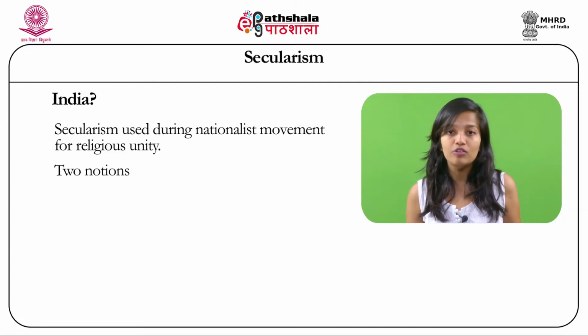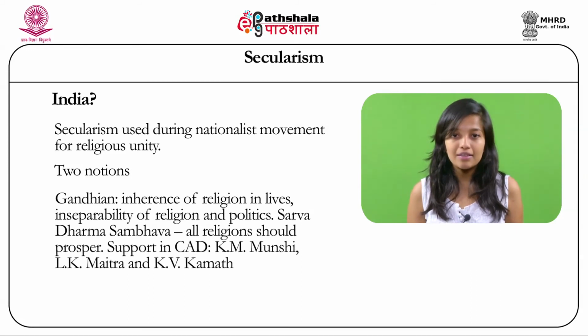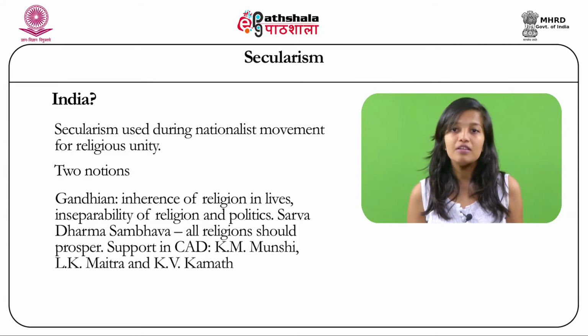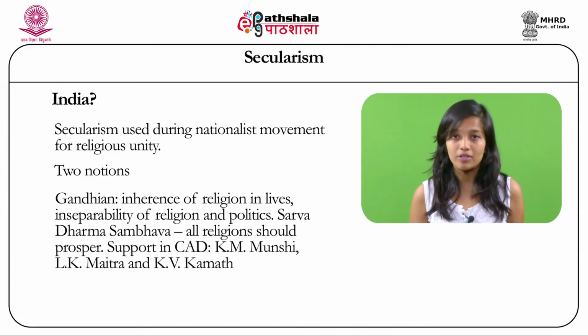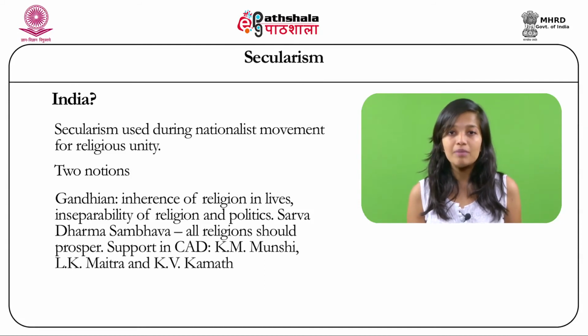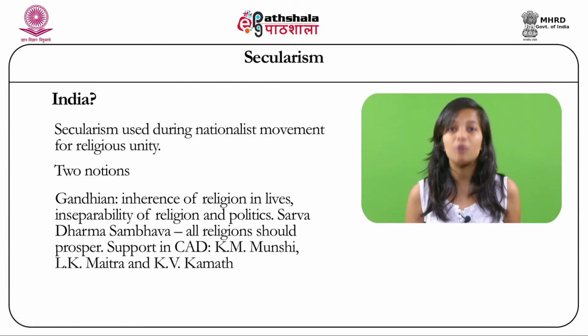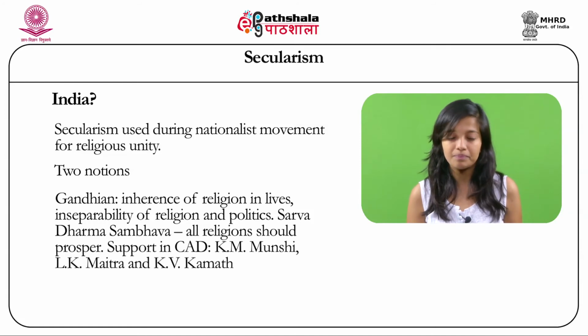There were two prominent notions of secularism that had gained traction at that point. The first is the Gandhian notion of secularism, which subscribes to the idea that there is a certain degree of inherence of religion in human lives. Religion cannot be easily separated from civil society or from politics, and therefore he believed in sarva dharma sambhava, which is all religions should be permitted to prosper and should be accommodated within the policies of any state.